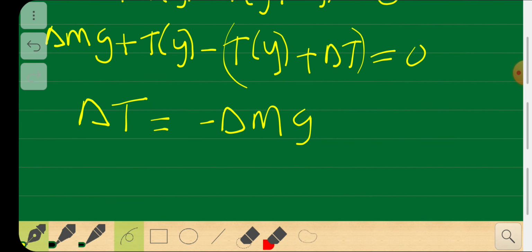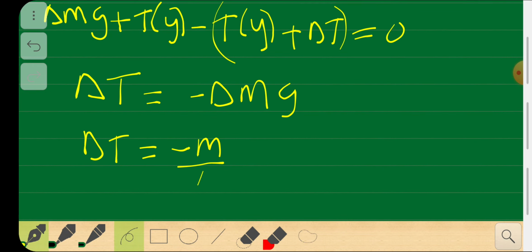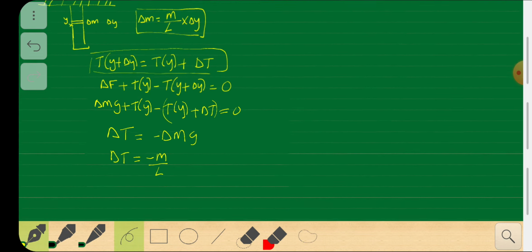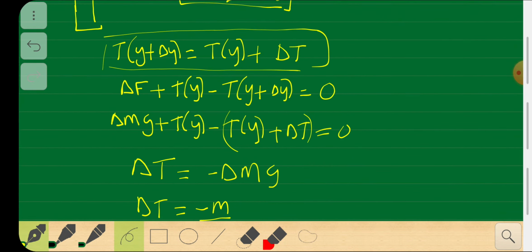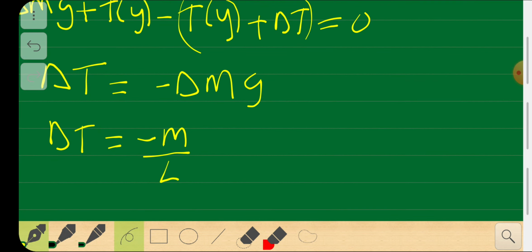Now the mass delta m will be m by L times delta y, so delta T must be equal to minus m by L times delta y times g.